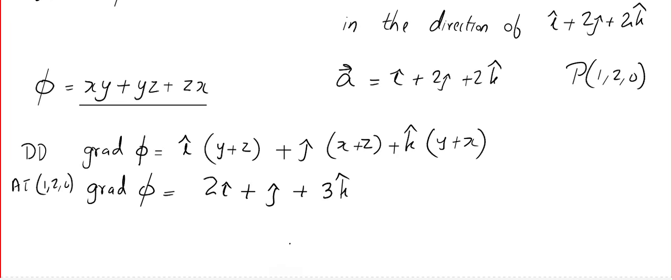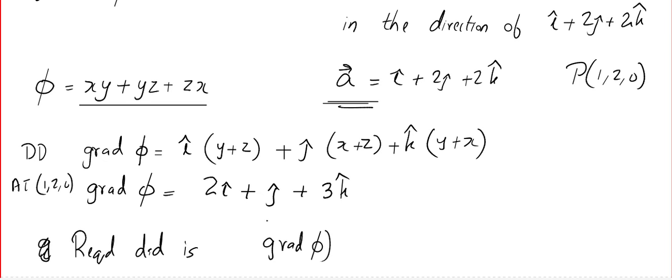Okay, now look at this. We want the directional derivative in the direction of A. So what do we do? We take the projection. So I am going to write required directional derivative is grad phi dot unit vector along A. That will be A divided by modulus.